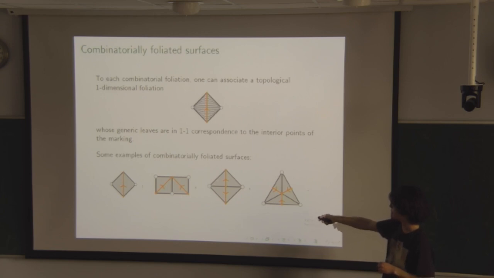And this is just another way of gluing these two, and we can glue three of them to make a triangle with this particular marking. And we call this a combinatorial foliation because we can associate a topological one-dimensional foliation, an actual foliation of this quadrilateral, for which the generic leaves are in one-to-one correspondence to the interior points of this marking.